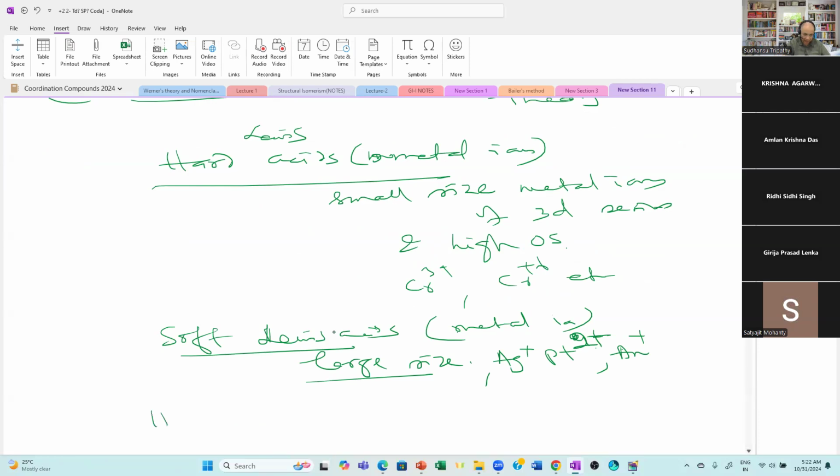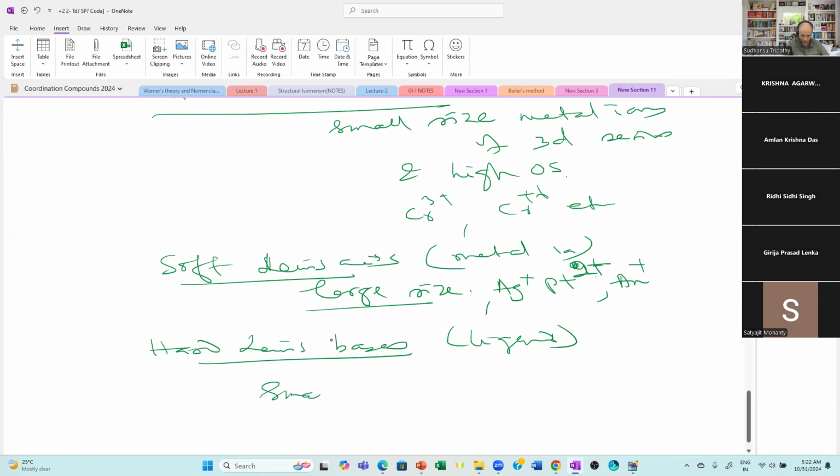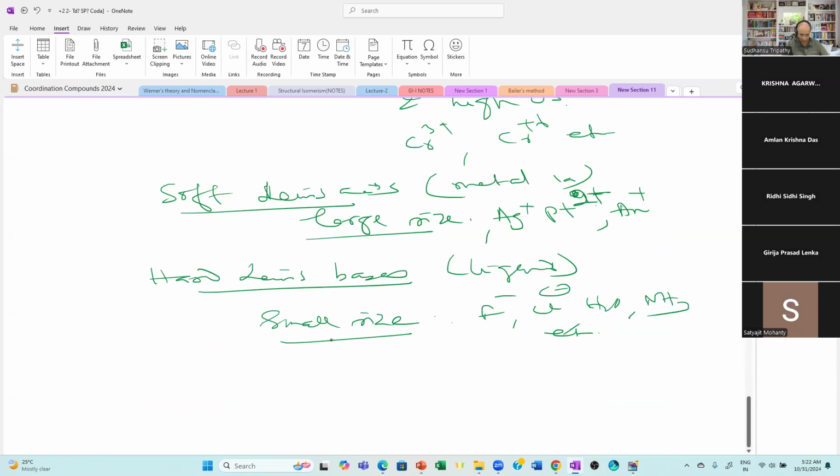Hard Lewis bases, ligands, small size, like fluoride, chloride, water, ammonia, etc. Small size, they are hard bases. Soft bases are large size, like PH3, iodide, bromide, etc.